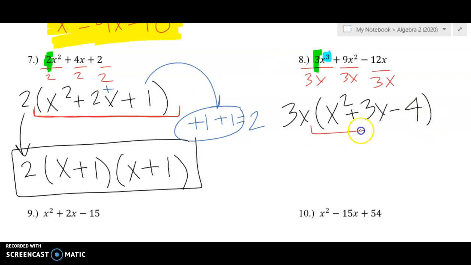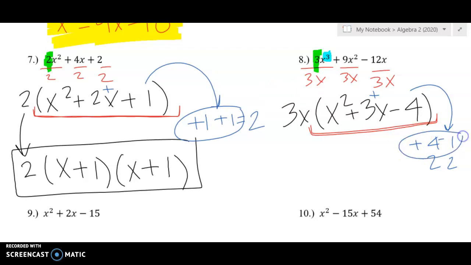I want to factor the trinomial. The trinomial is the part with 3 pieces. What multiplies to 4 and adds to 3? The only thing that's going to work is the 4 and the 1. I'm going to need a +4 and a -1. Don't forget about the 3x in the beginning. Drop that down. Let's make our factors. One of them has a +4. The other one has a -1.